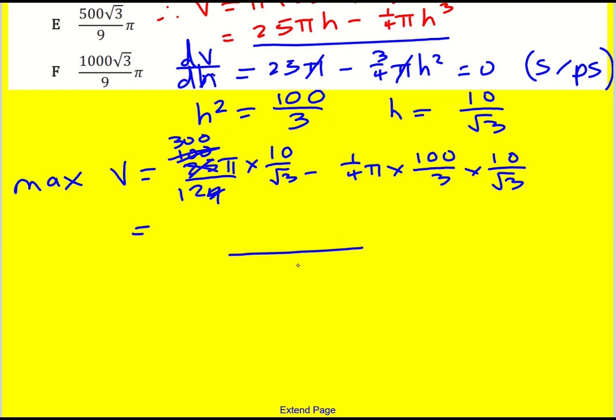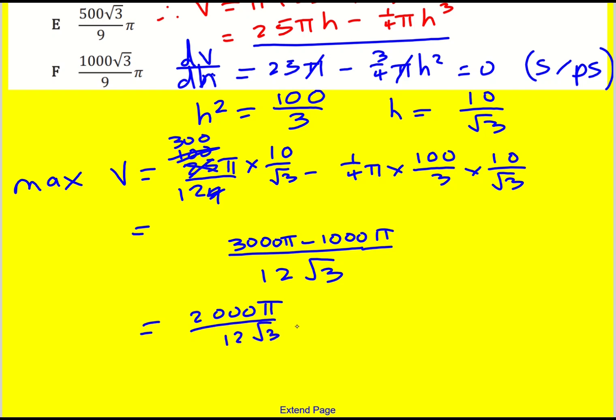Because now I've got a common denominator of 12 root 3. And on the top, I will get 3,000 pi, minus 1,000 pi. Sorry, that was meant to be 3,000 pi. 3,000 pi minus 1,000 pi, and I put it all together, which is 2,000 pi over 12 root 3.